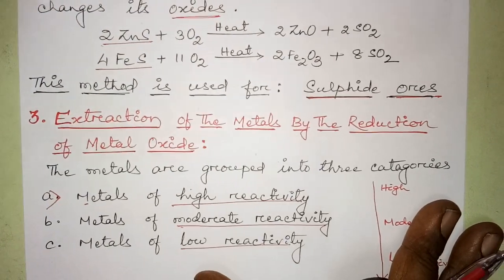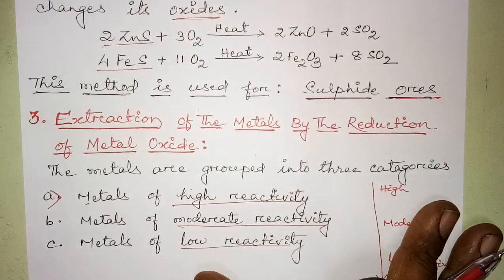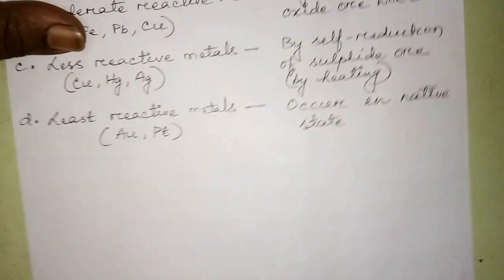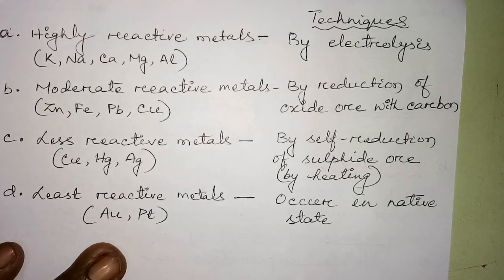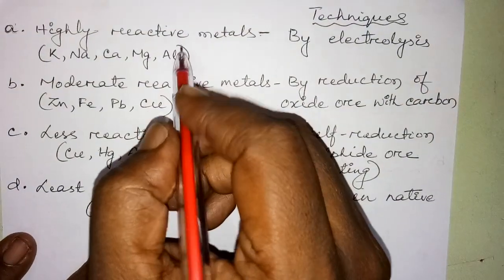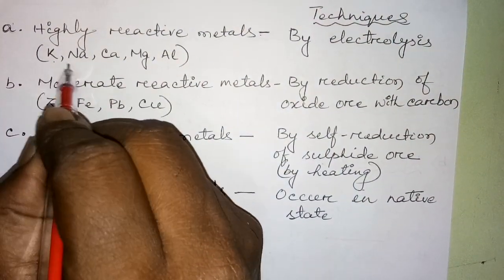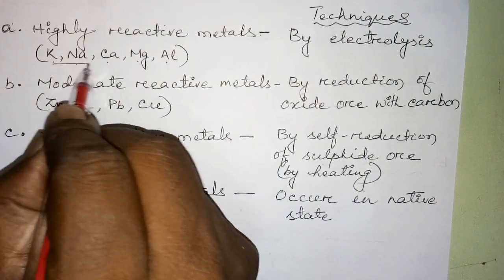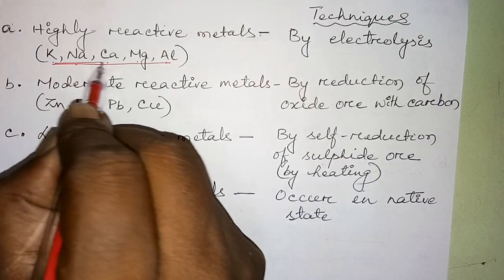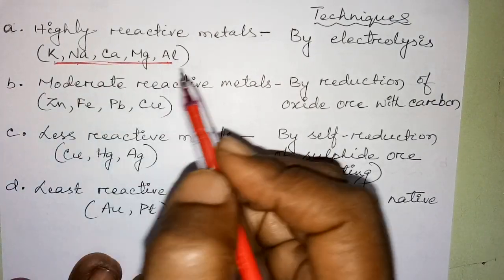In the next class we will discuss the details, but a few I will tell you. In case of highly reactive metals, what is the technique? Highly reactive metals are potassium, sodium, calcium, magnesium and aluminum. These are the highly reactive metals in the metal activity series, which you know very well.